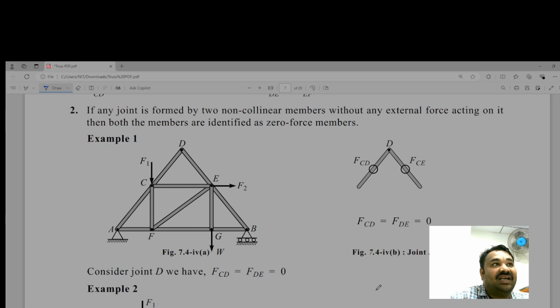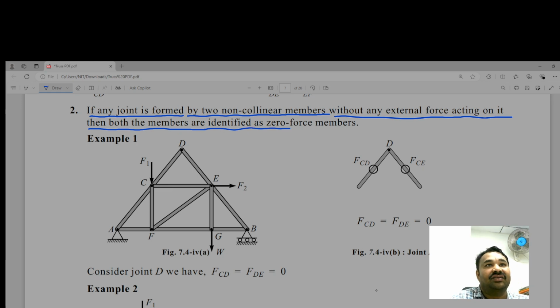So continuing our discussion, point 2, we are talking about special cases. As per this, if any joint is formed by two non-collinear members without any external force acting on it, then both the members are identified as zero force members. Let us take an example, this structure.